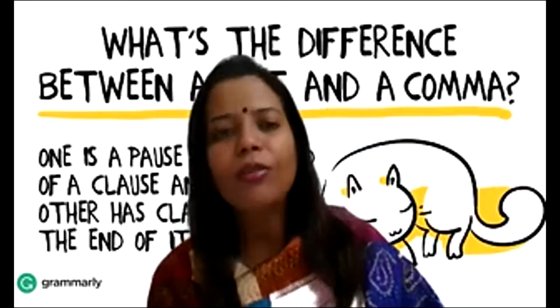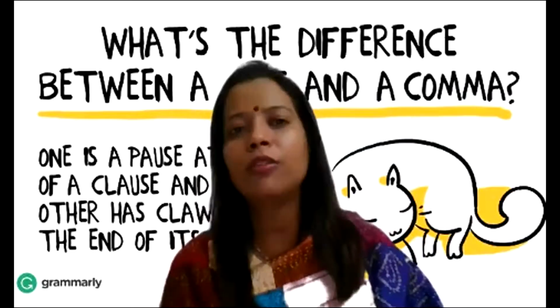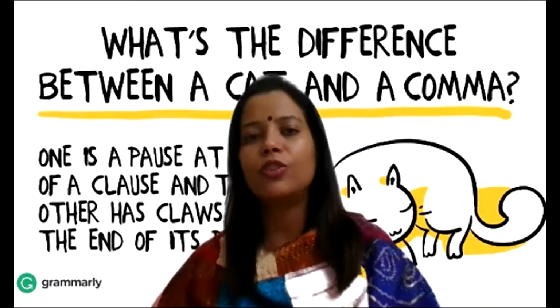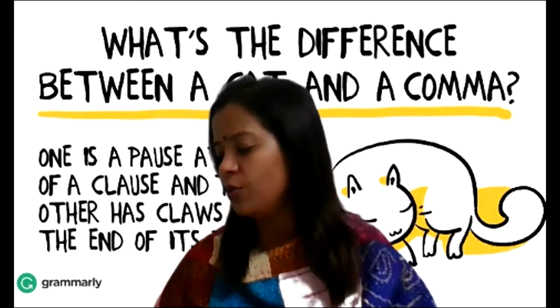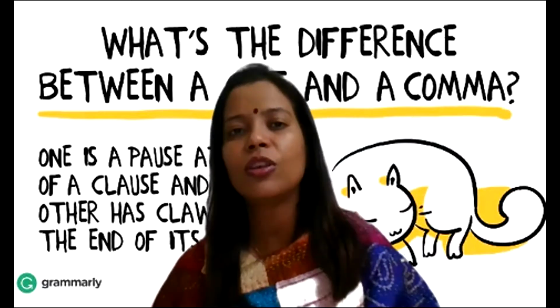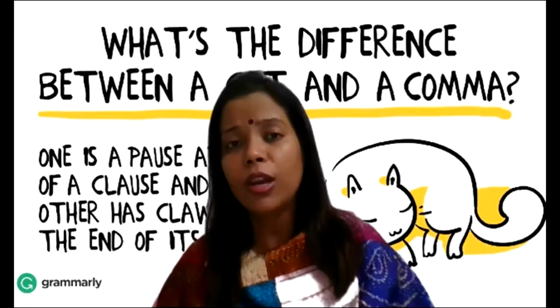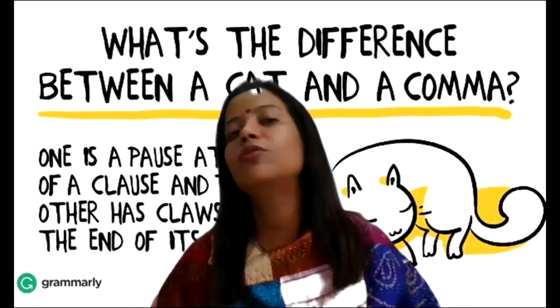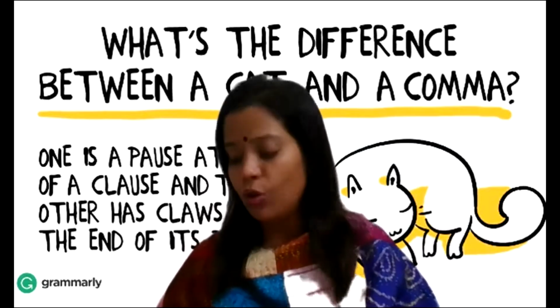Okay, so those relative pronouns, please remember T square, W, that is who, whom, whose, that, and which. They are used for non-living things, not only non-living things. I'm sorry, you can use them for animals and birds also.